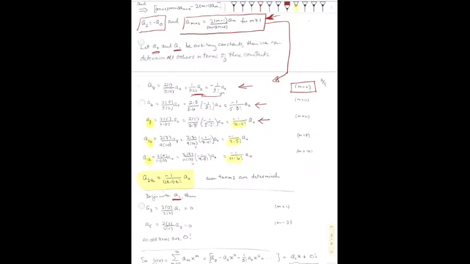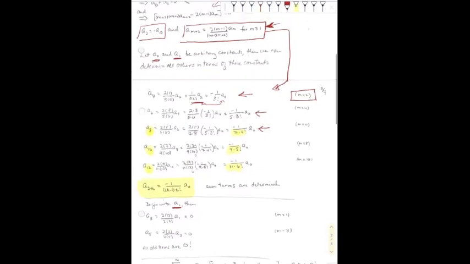So it is the case here that when I'm starting with A1 in my recurrence relation, if I'm starting with A1, that's the M equals 1 case, right? And the M equals 1 case gives me a 0 right there when I plug into that recurrence relation. That is a nice happy accident.